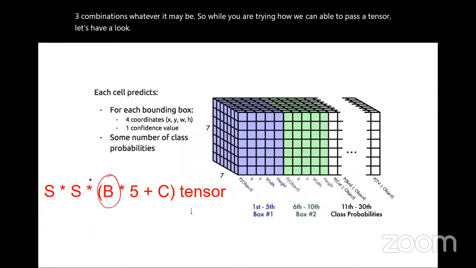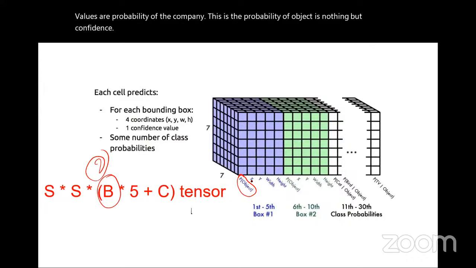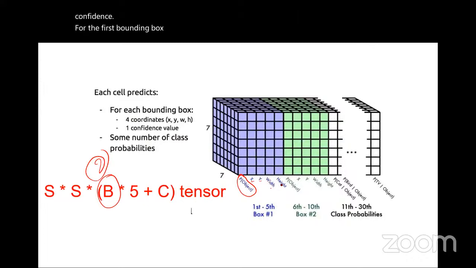Here the B part is, in this example, B is considered as 2. The first value is the probability of the object, which is nothing but confidence. Then, for the first bounding box, the corresponding X, Y, height and width. In the same position, we have two bounding boxes.